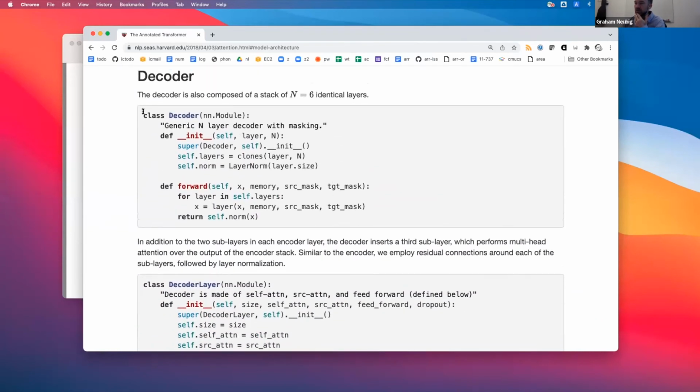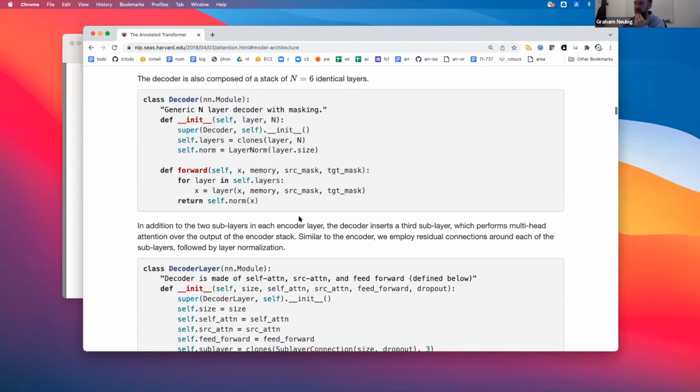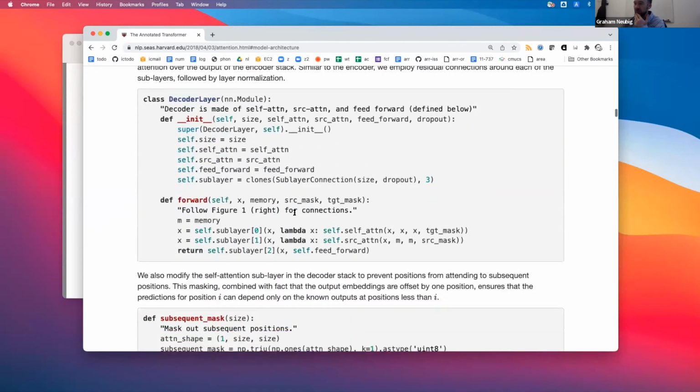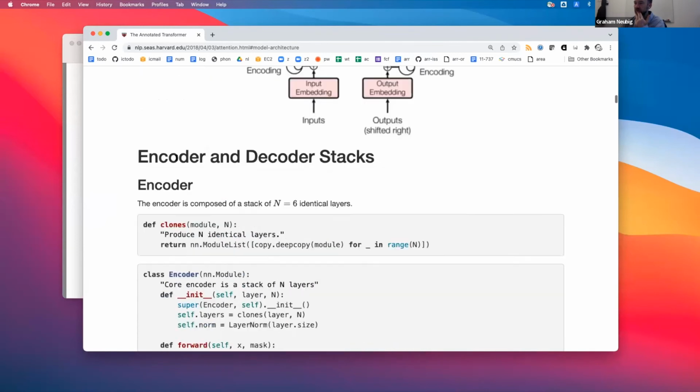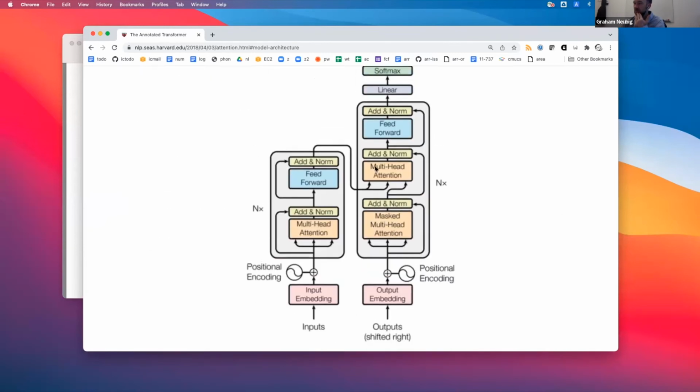Then the decoder also has a stack of n layers, basically. And the decoder is the same, except in addition to having self-attention, it has source attention in the feed-forward layer. So that's basically what you can see here in the diagram.